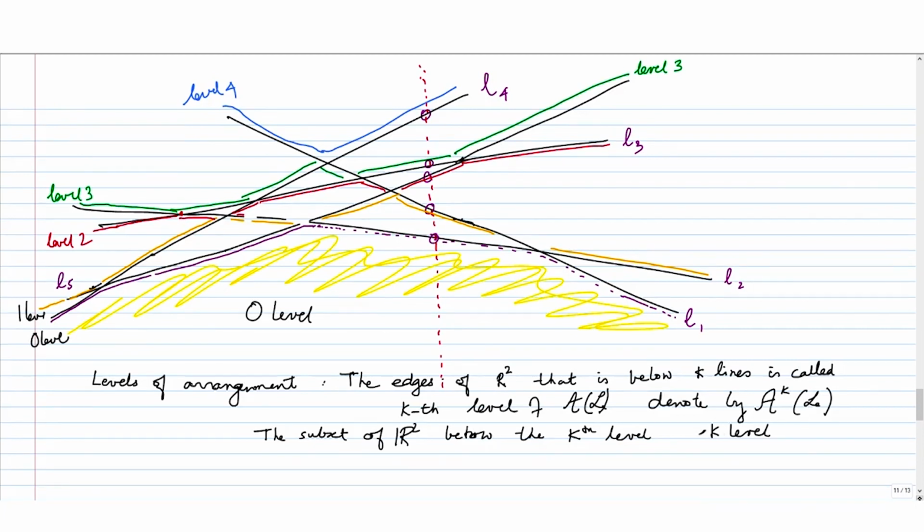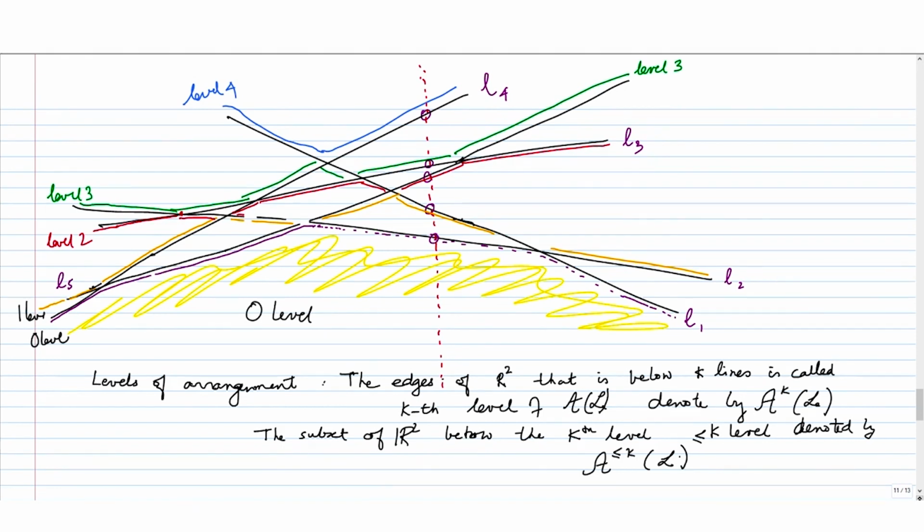The less than or equal to k level is denoted by A less than or equal to k of L. So, the portion that I showed in yellow is actually the less than or equal to 0 level. But whatever I draw on the edges, those are exactly the kth level. So, the edges define the kth level, and less than or equal to k is below that level.